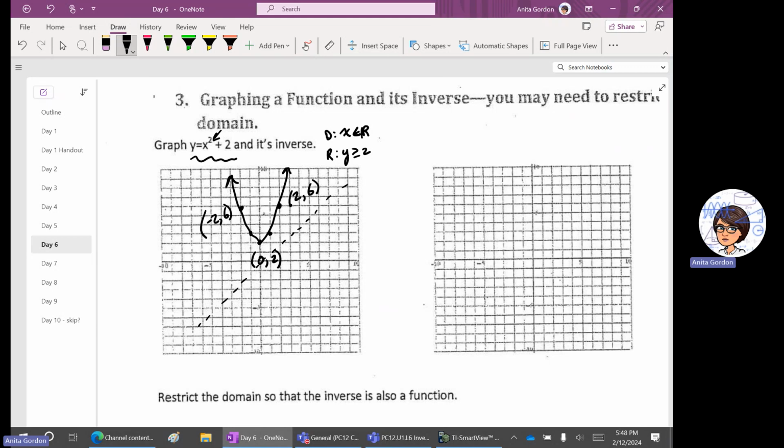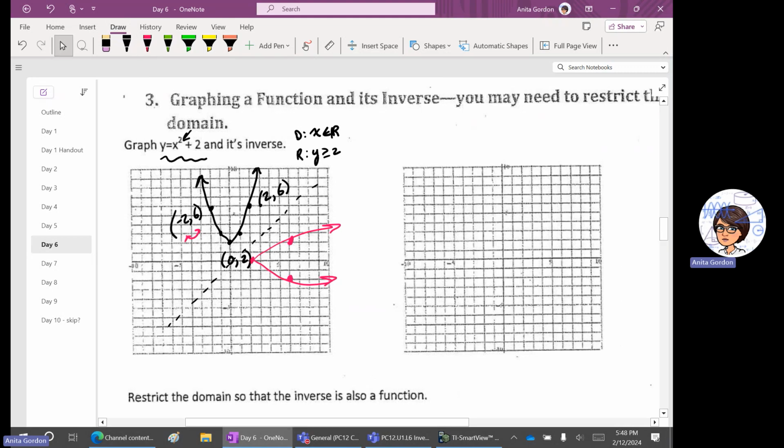To reflect this over the diagonal, I could just swap all the points. So instead of 0, 2, my vertex is now going to be 2, 0. Instead of negative 2, 6, I'm going to have 6, negative 2, and 6, positive 2. Here is my reflected parabola.